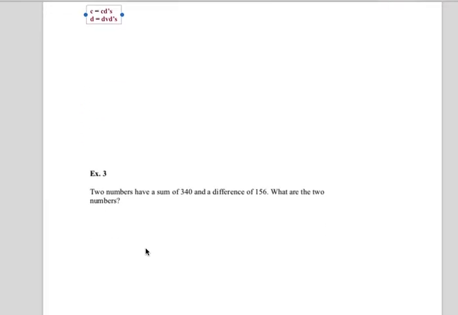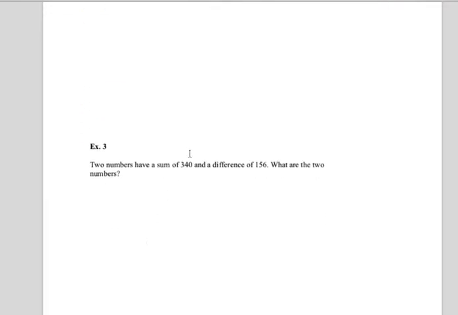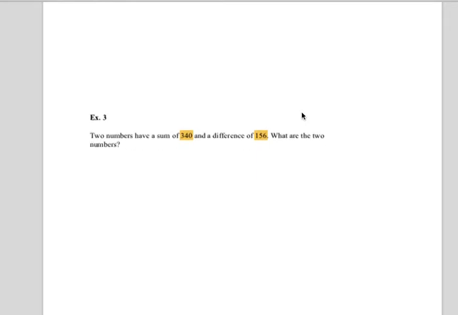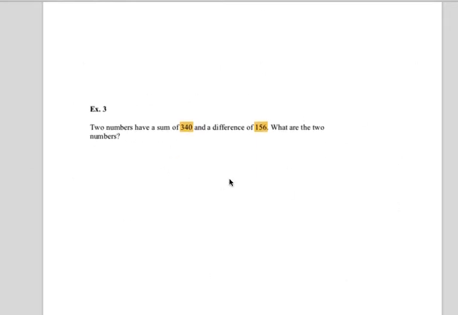So two numbers have a sum of 340. So that is important. And a difference of 156. Oh my goodness, I'm getting tired if you can't tell. So what does this mean? They're asking what are the two numbers?